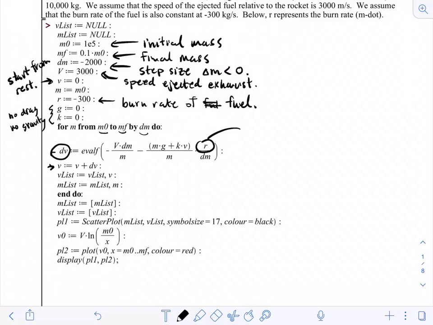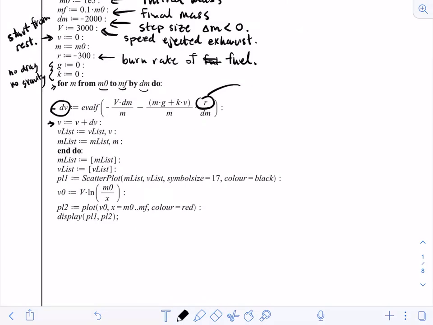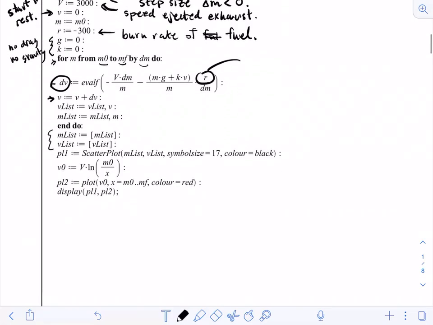Our change in mass is already taken care of by our loop condition, and we just run the loop. We keep a running list of the mass and the velocity, and then we produce a plot. We're also going to plot the exact solution that we already solved for a rocket with no external forces applied to it.